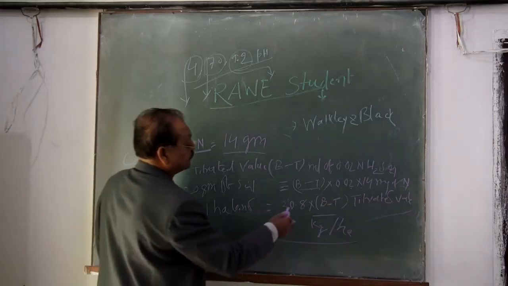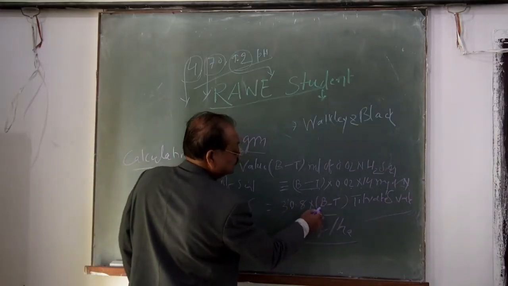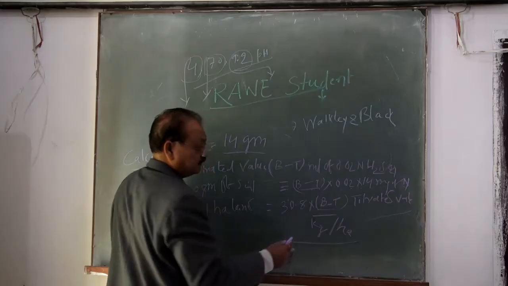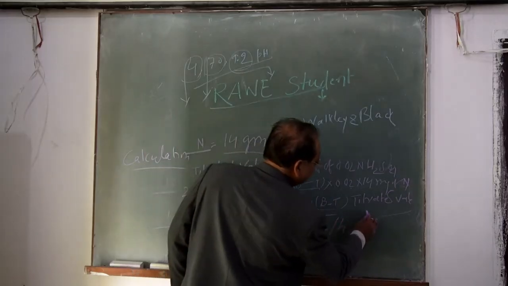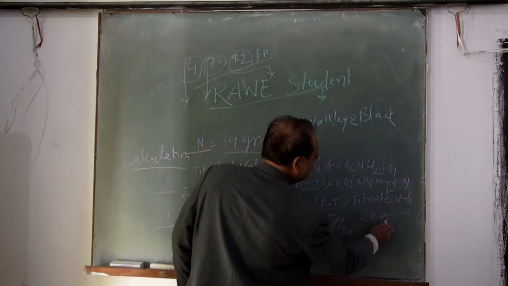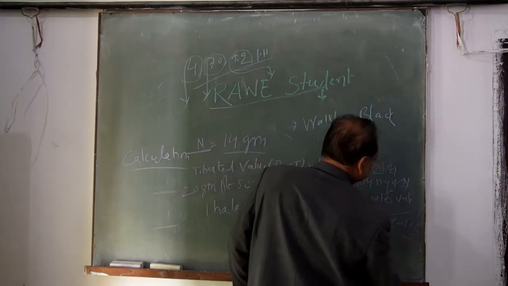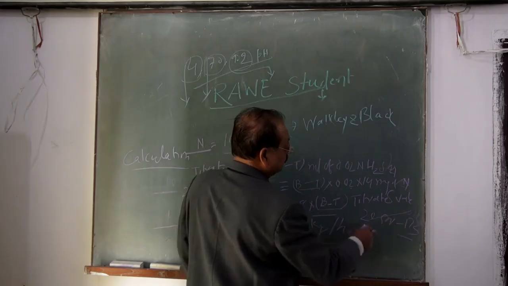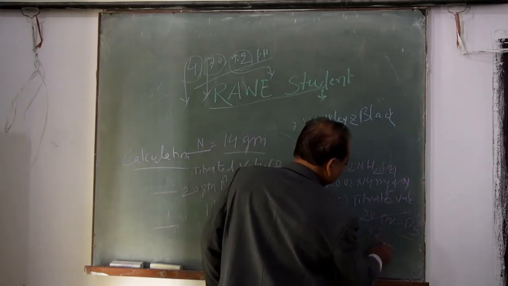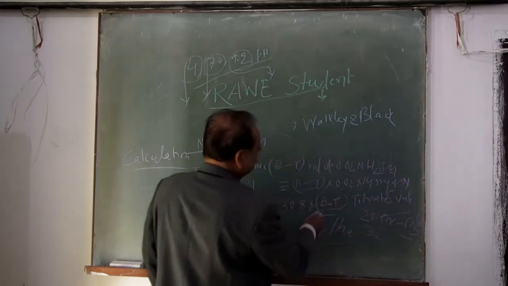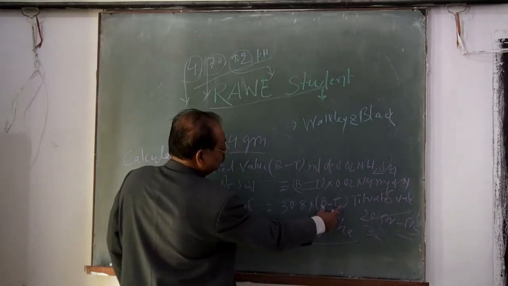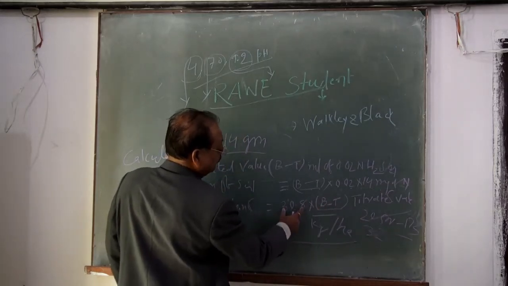Let's suppose B is 20.5 ml and T is 17.3 ml. If you deduct, it will come 3.2. So you simply put the value here, 3.2 multiplied by 30.8.